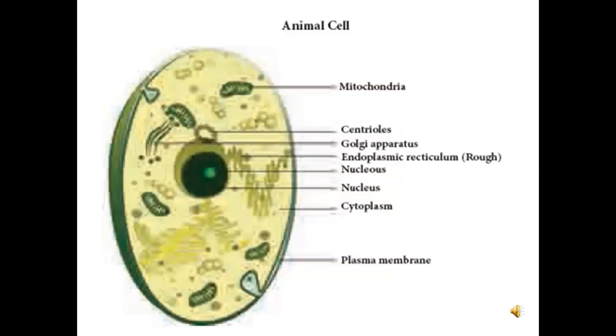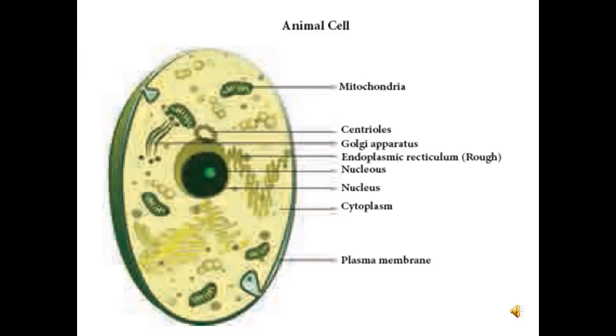Next one, animal cell. Animal cells are generally smaller than plant cells. It is not as hard as a plant cell. Cell wall and chloroplast are present in plant cells, but in animal cells, cell wall and chloroplast are absent.